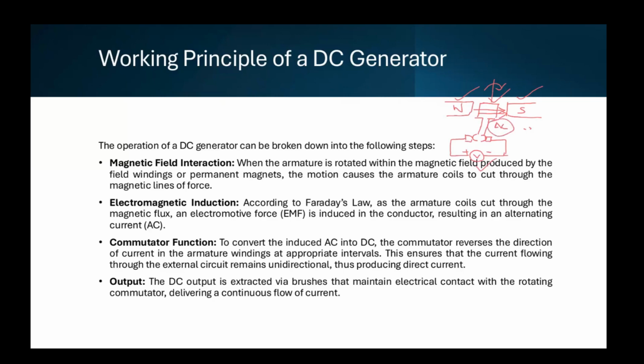Then a split ring commutator. In this split ring commutator, the connections of the armature conductors get reversed when a current reversal occurs. We can get a unidirectional current in these terminals. Now the DC output: the output EMF is proportional to the number of rotations and the magnetic flux.